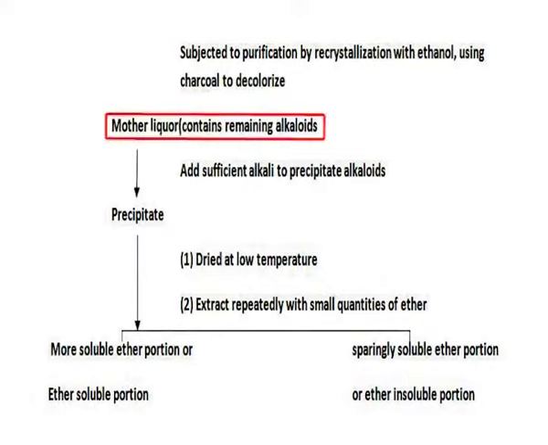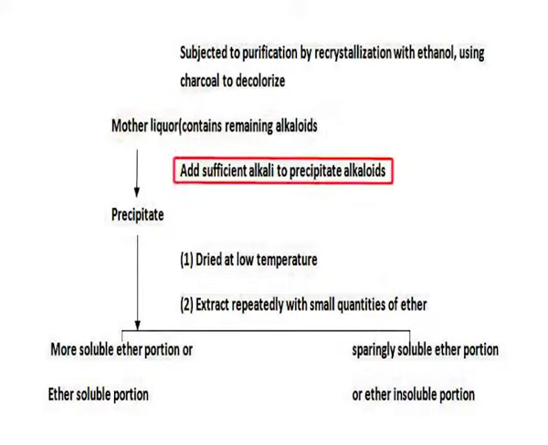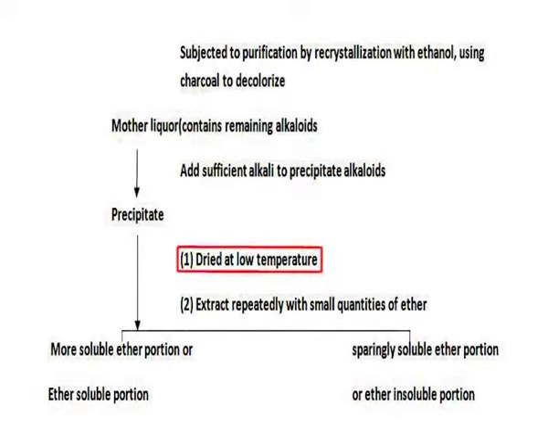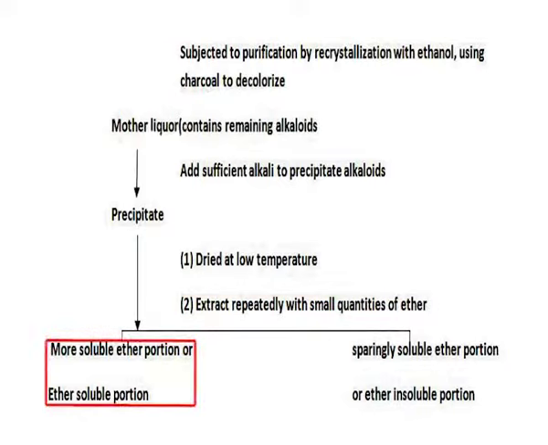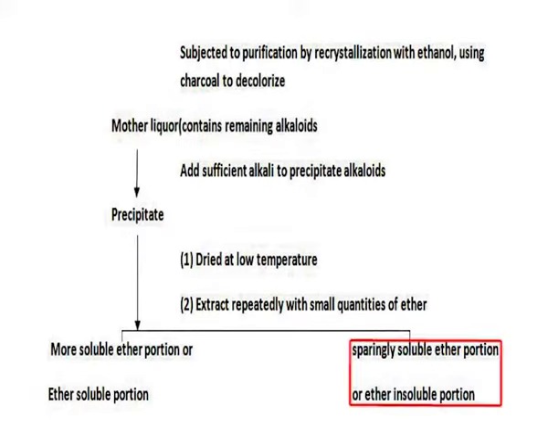To the mother liquor containing the remaining alkaloids, add sufficient alkali to precipitate the alkaloids. The precipitate that we get is dried at low temperature and then extracted repeatedly with small quantities of ether. Thus we have two types of solution: one, the more soluble ether portion, and two, the sparingly soluble ether portion or ether insoluble portion.